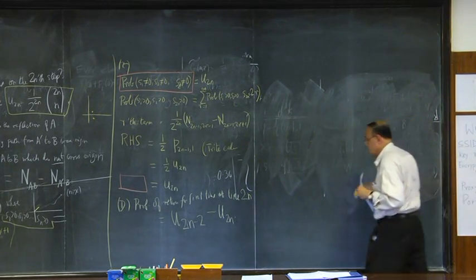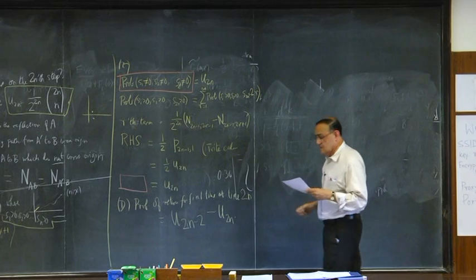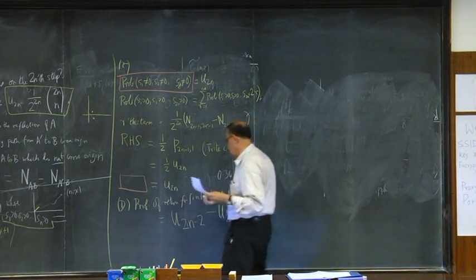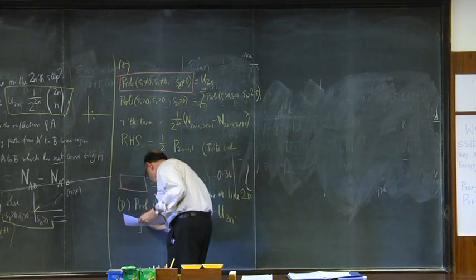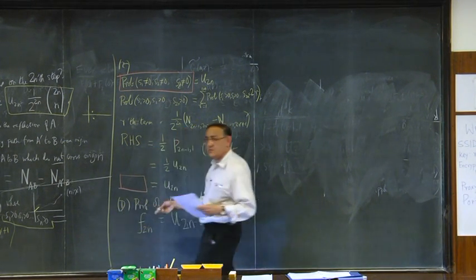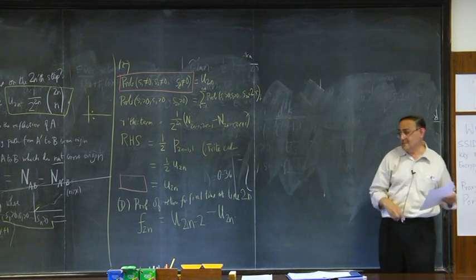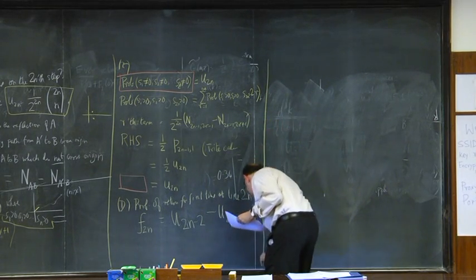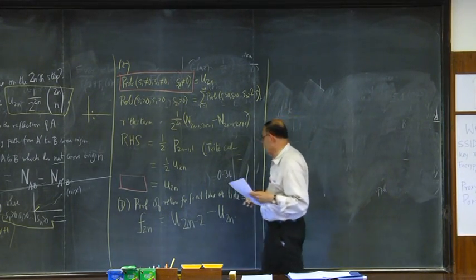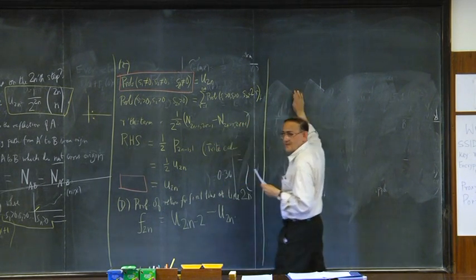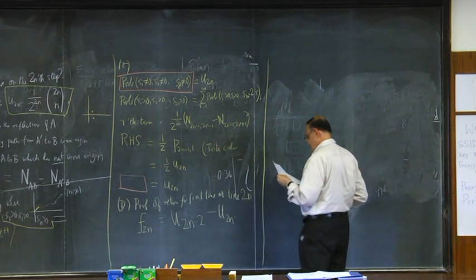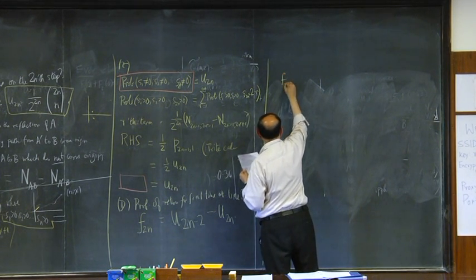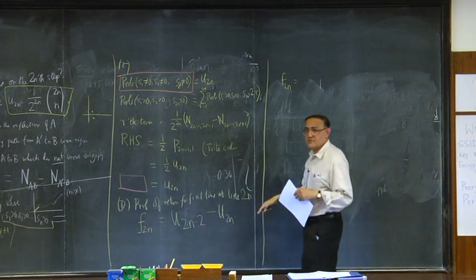Right. Now, so what? So let's give this a name, f2n, probability of returning first time, little f is first time at the 2n step. Through a trite calculation, you can show that f2n is this minus this.